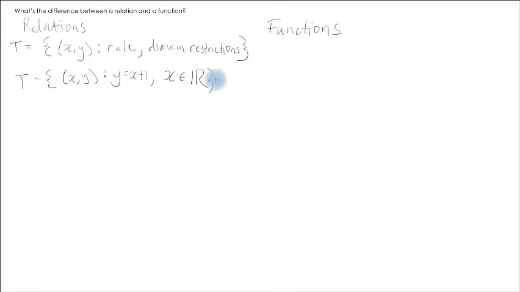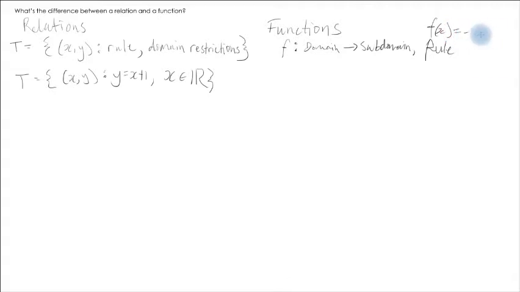And functions, however, the general form of a function is the name of the function, so let's say f, and function f is such that now we put in our domain, and it gets mapped to the subdomain, comma, and then we put in our rule. But our rule always looks like f of x equals stuff.